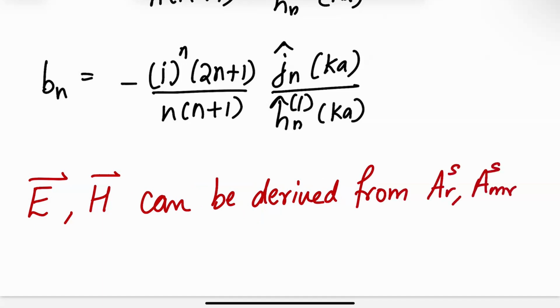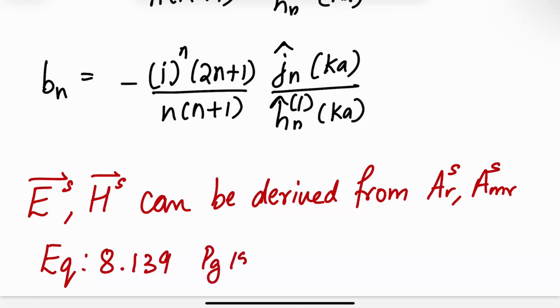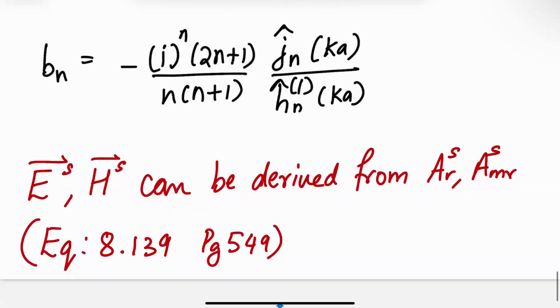These are the scattered fields, and the total field is given by the sum of the incident field and the scattered field. If you want to look it up, there are equations 8.139, at least in the version that I have here, around page 549. They're very long. I won't write them out.